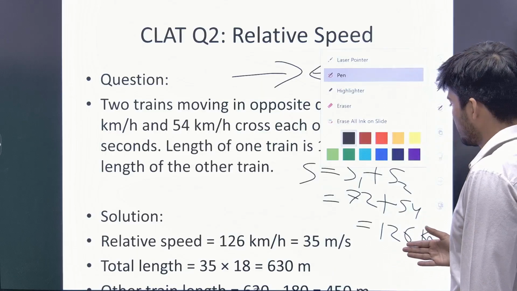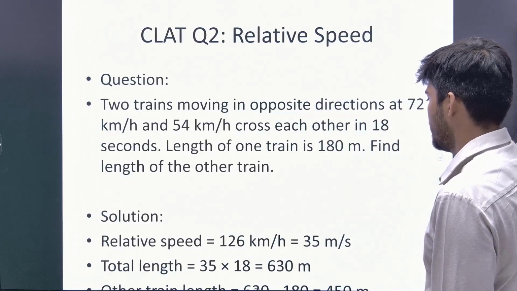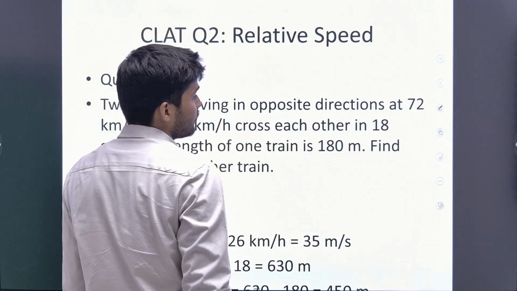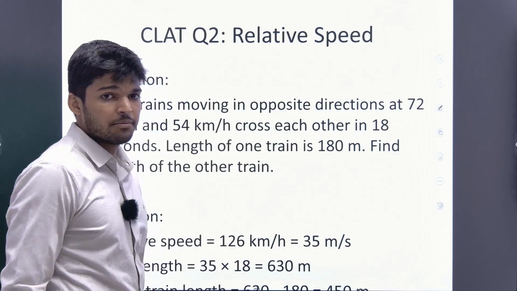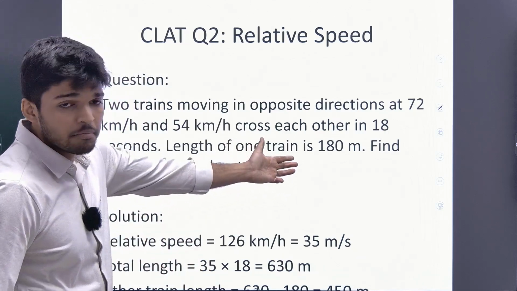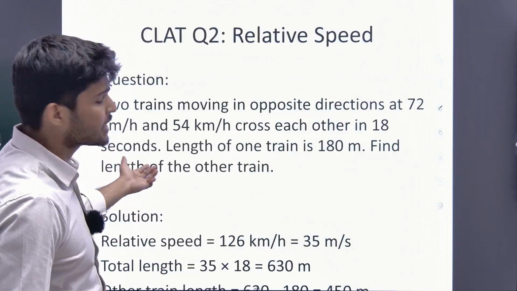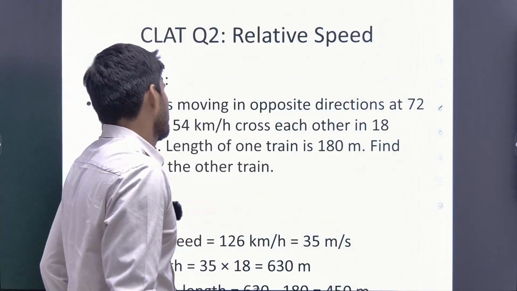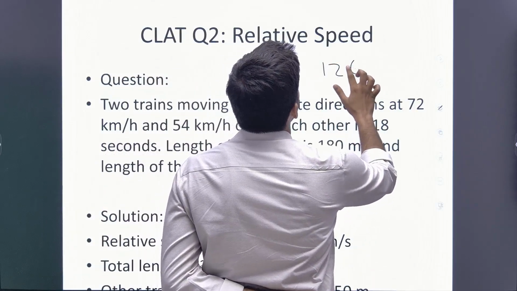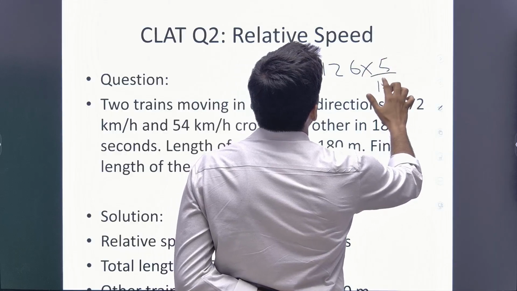We've got the speed as 126 kilometers per hour. Now we have to convert this into meter per second, as the length of the train has been given in meters, that is 180 meters, and also the time has been given in seconds. So 126 into 5 by 18.